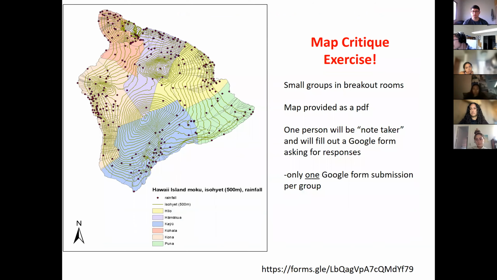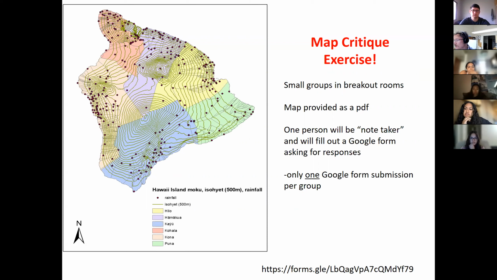What we're going to do now is I'm going to break you up into small groups, into Zoom breakout rooms, and you're going to do a map critique using this map that you're seeing right here. I'm going to throw that into the chat to everybody, and I want to make sure everybody gets this.